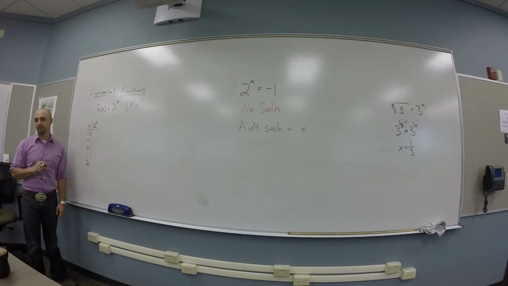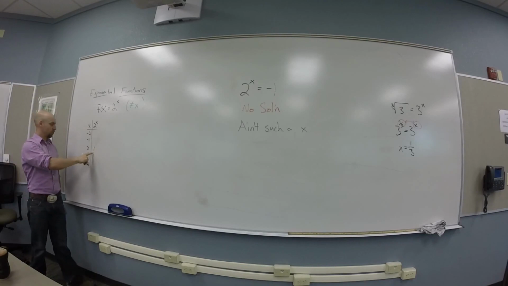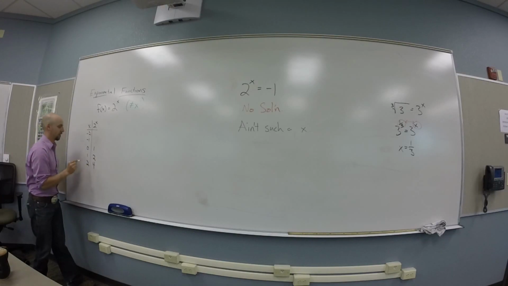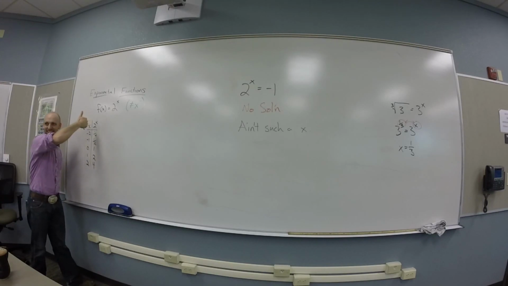Which ones are easy? 0, 1, and 2. 2 to the 0 is 1. 2 to the 1 is 2. 2 squared is 4. You guys see the geometric sequence? And then you get 1/2 here, and 1/4 here. You guys see the geometric sequence that way?